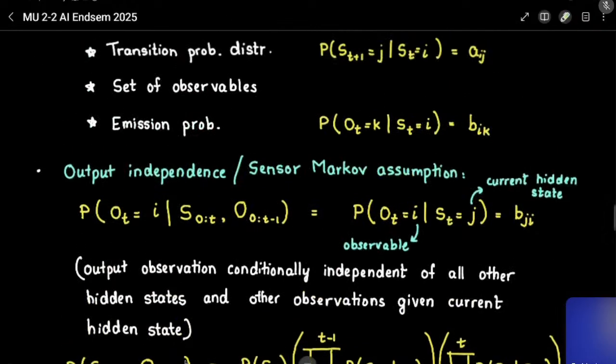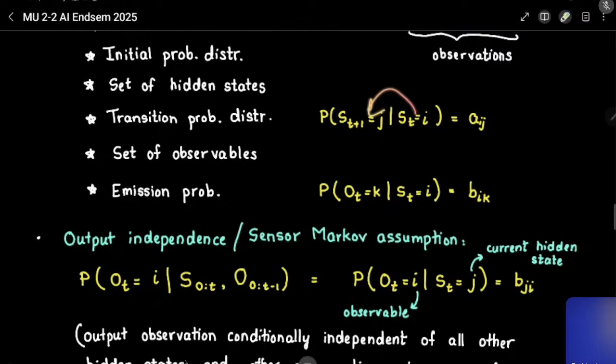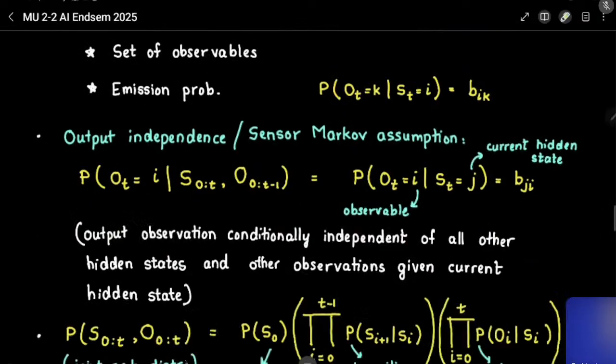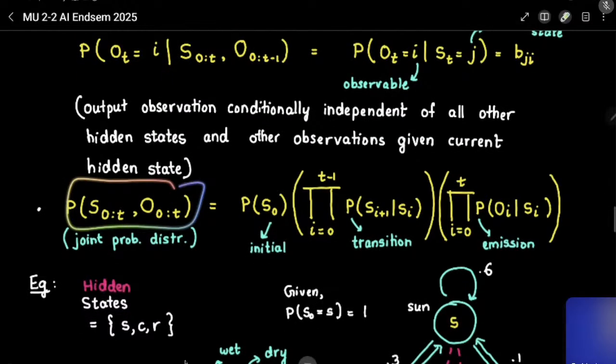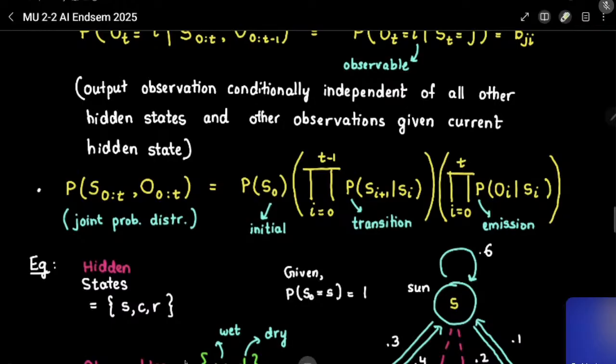If you remember, the transition probability is from state to state, and the emission probability is the probability of an observation given we are at a certain state. So this is from 0 to t. If it's for a certain sequence, then this will change. For example, probability of S1, comma S2, what is that going to be, and so on. We'll look at some examples later.